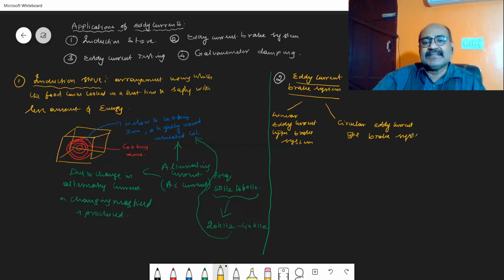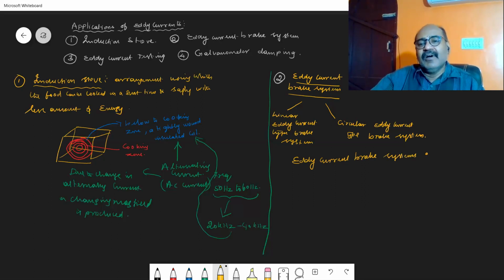Let us see. First of all, where these eddy current brake systems are being used. Eddy current brake systems are used in roller coasters.